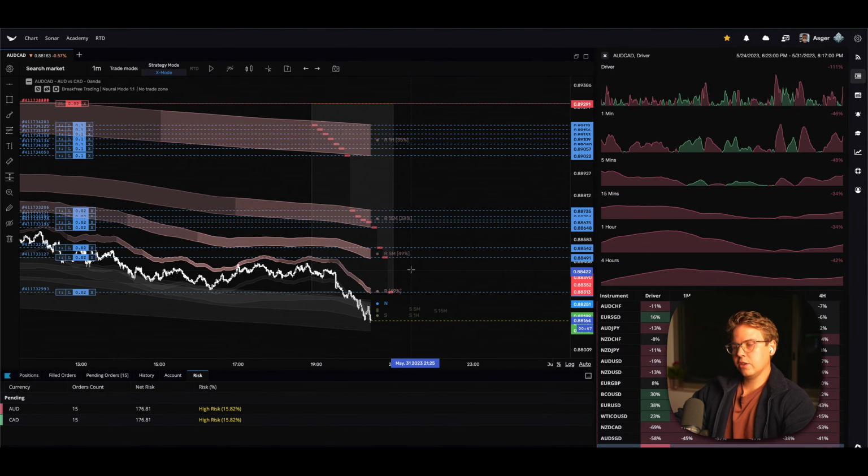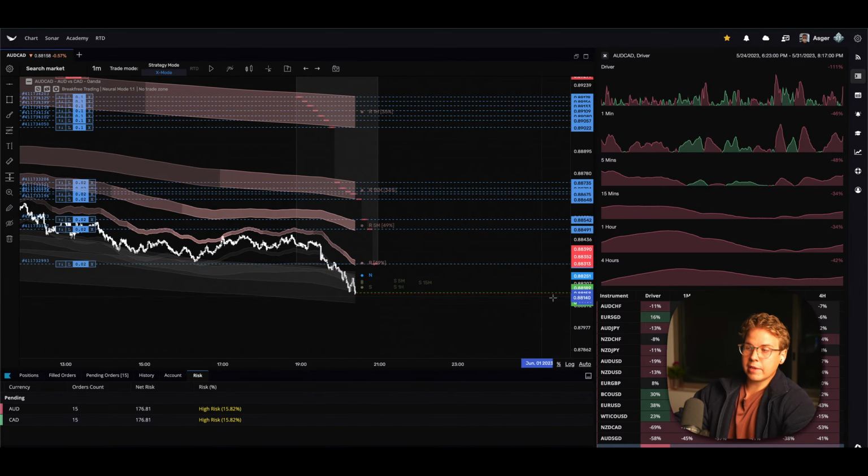Now, these orders up here, you don't have to update them that often, because the 1 hour is not going to change that much. 15 minutes as well, you don't have to update them that often, but you do have to update them. 5 minute, 1 minute, these you're gonna actively update with the market like this, right?